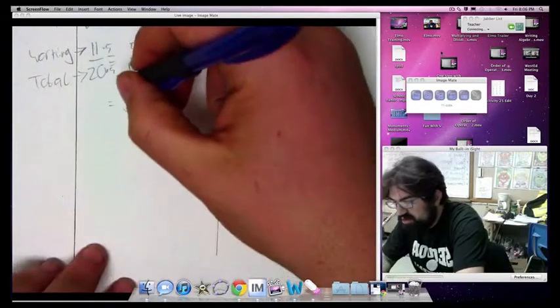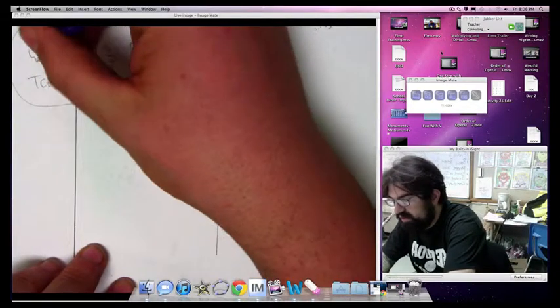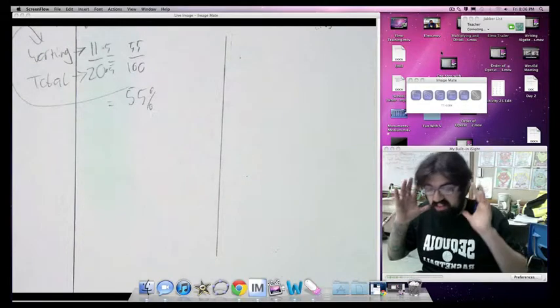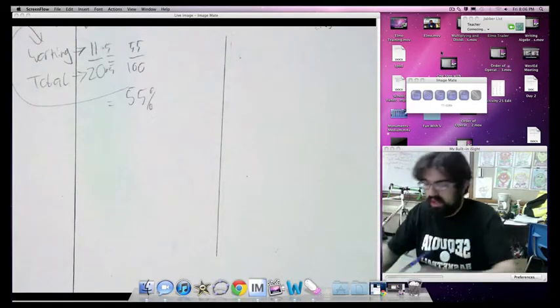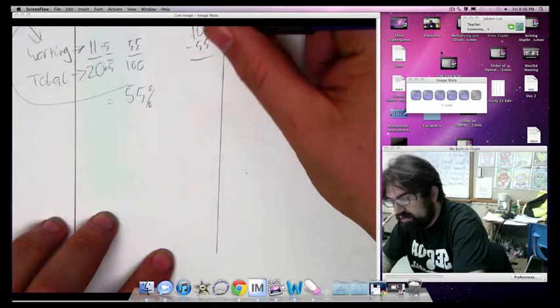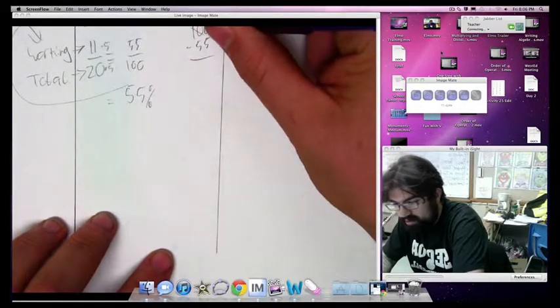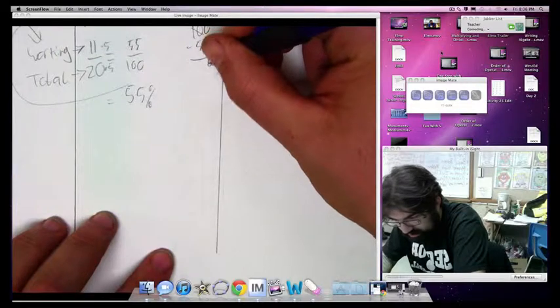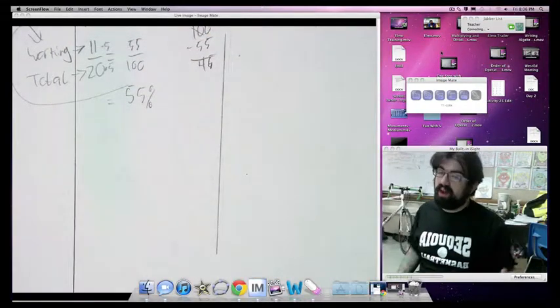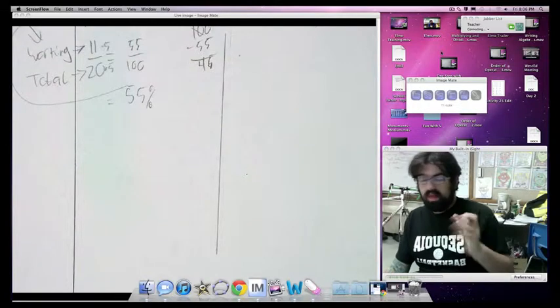This percent is the percent that's working. I don't want the percent that's working, I want the percent that are not working. Okay? So we have to take 100 minus 55. This is 5, this is a 4. So 45% of them were not working.